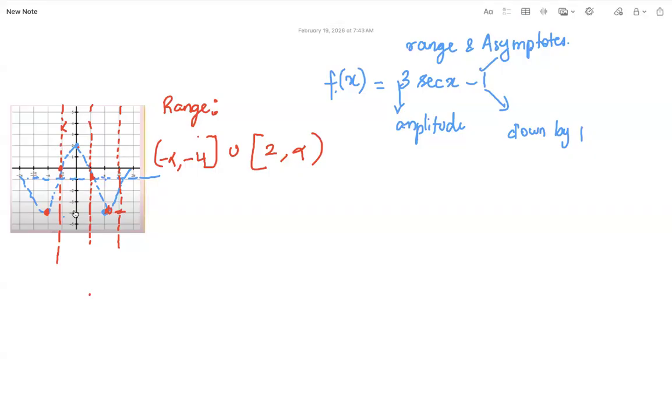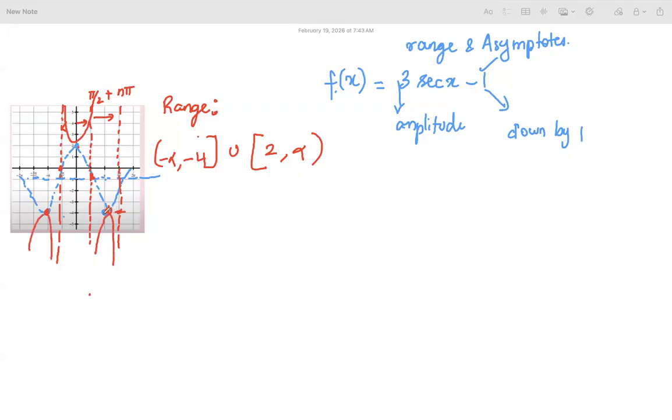So how do I write my asymptotes? First let me draw the graph and then draw the asymptotes. The first one from 0 is at pi by 2, and then there is an interval of pi. When you draw the graph, it's going to be the inverse of this, right? This is my original graph.